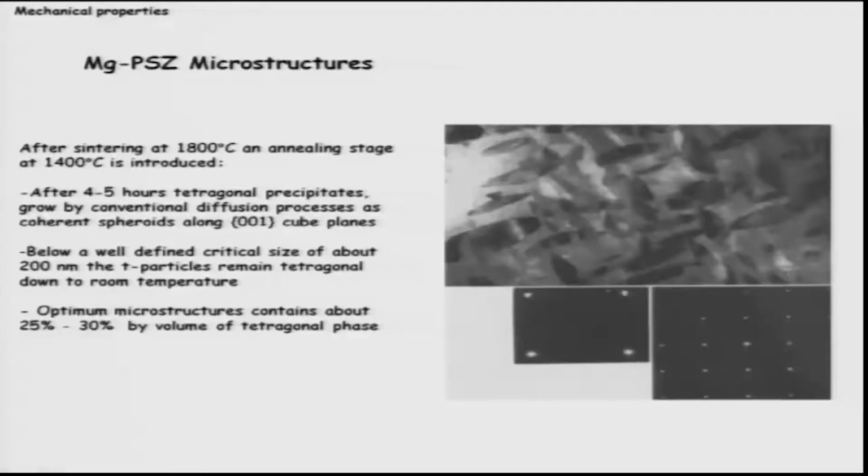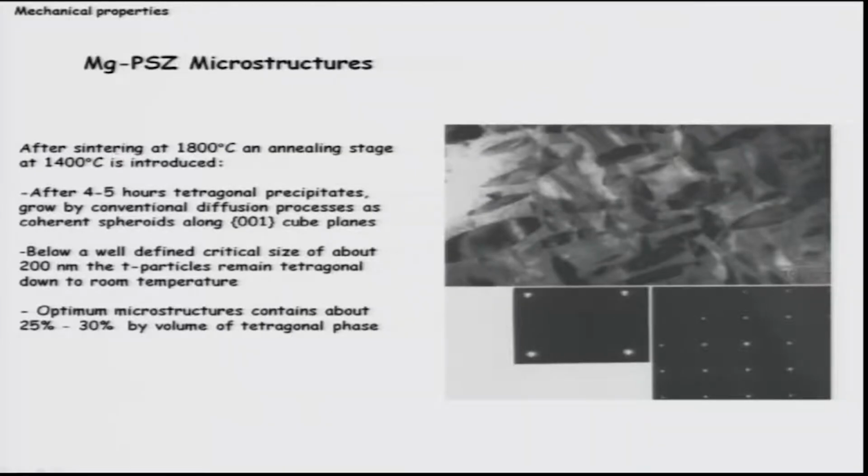Here, I am showing you some microstructures, taken again from the Carnegie Mellon website. As you see, sintering was done here at 1800 degrees Celsius at first, and then at 1400 later on. When you sinter at 1800 degrees Celsius, this will form a completely cubic zirconium oxide phase.